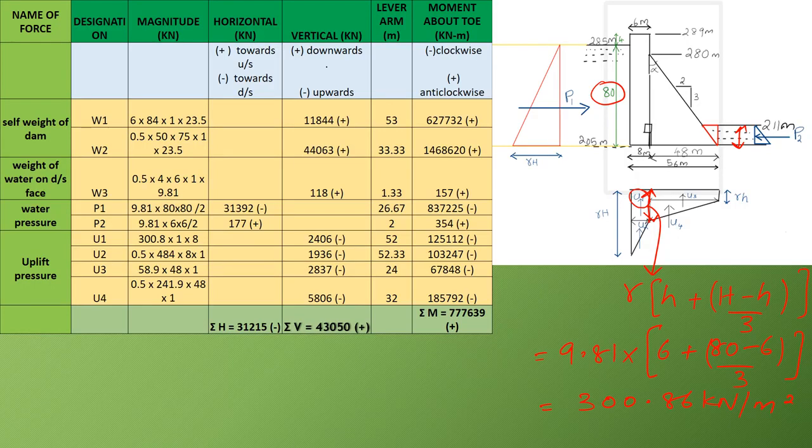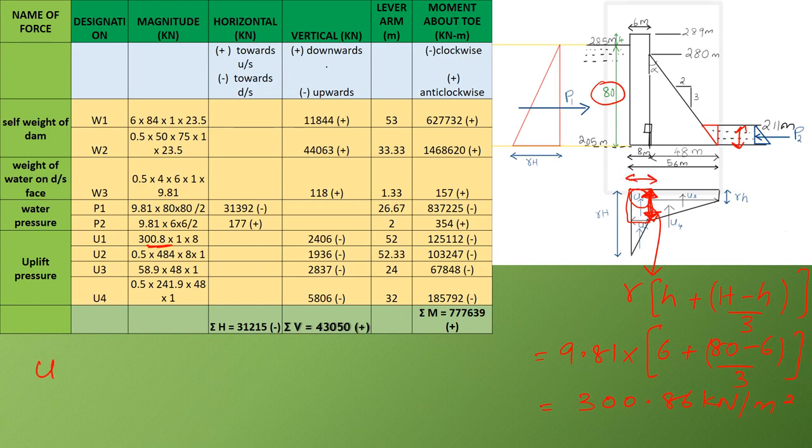Now we have to find the force due to this rectangle, that is U1. That is given by the height that we found just now, equal to 300.8, multiplied by the width of the rectangle, that is 8.